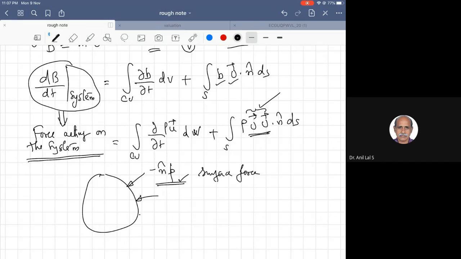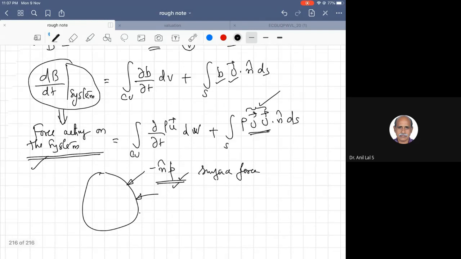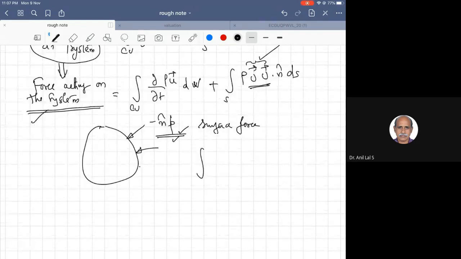And if you want to calculate the total surface force on the system due to the static pressure, we have to do the integration: the integral over the control surface enclosing the system, of minus n p dS.